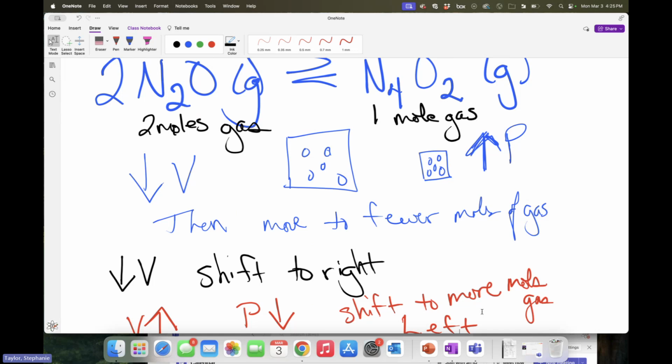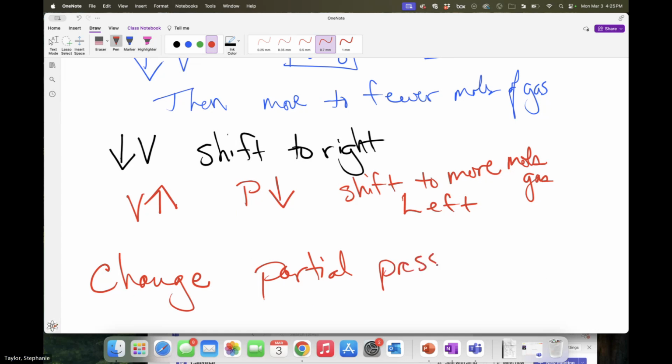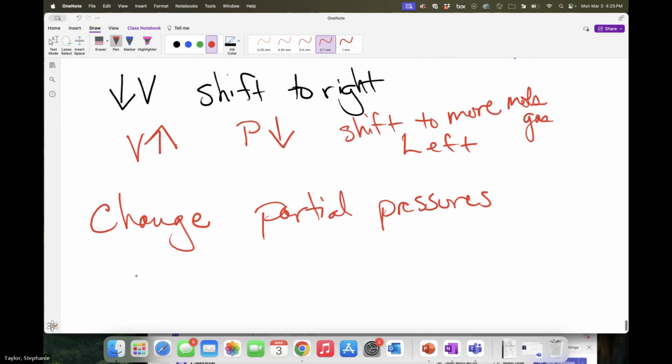When I say pressure, part of the reason why this says the volume decreases is because when we talk about the change in pressure, this needs to change the partial pressures of the gases in the reaction.